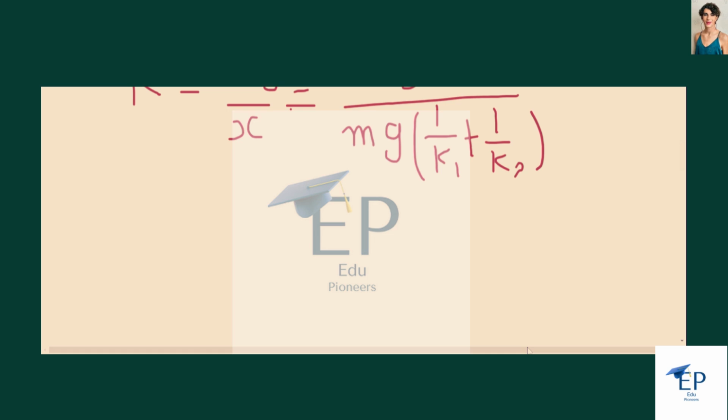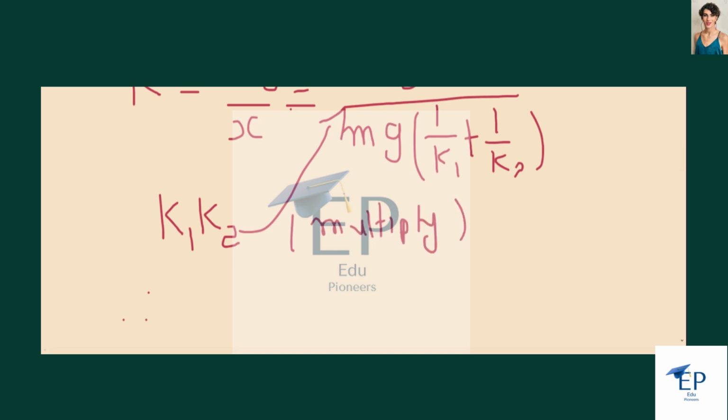To solve this, we need to multiply k1, k2 in the numerator and denominator of this equation. So finally, let me write, multiply.